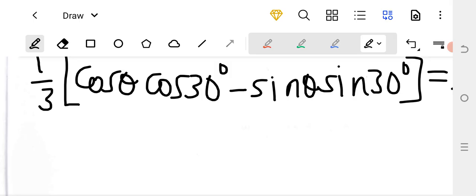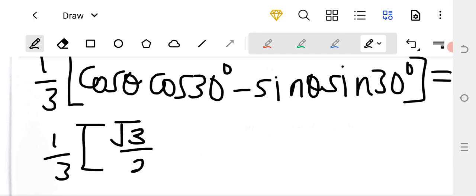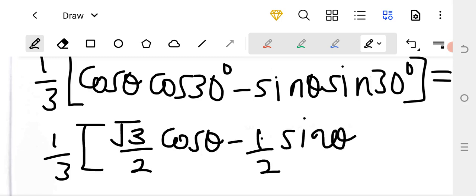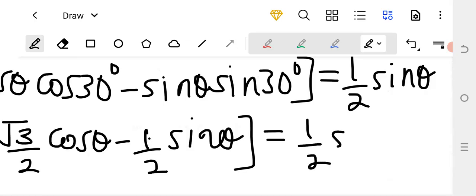Then to continue, we're going to say 1 over 3, and cos 30 degrees is a special angle which has an exact value of square root of 3 over 2. So type cos 30 into your calculator, then type square root of 3 over 2 into your calculator. You'll see that it's giving the same answer. Square root of 3 over 2 cos theta minus sine 30 degrees is equal to half sine theta.